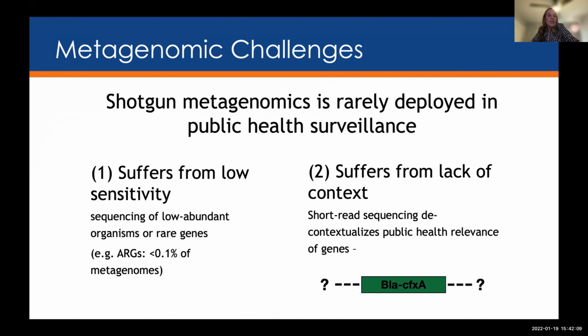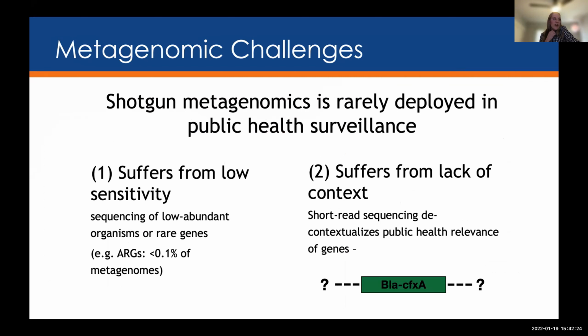Shotgun metagenomics is rarely used for public health surveillance. One of the reasons, as pointed out in the last slide, is that it suffers from very low sensitivity.